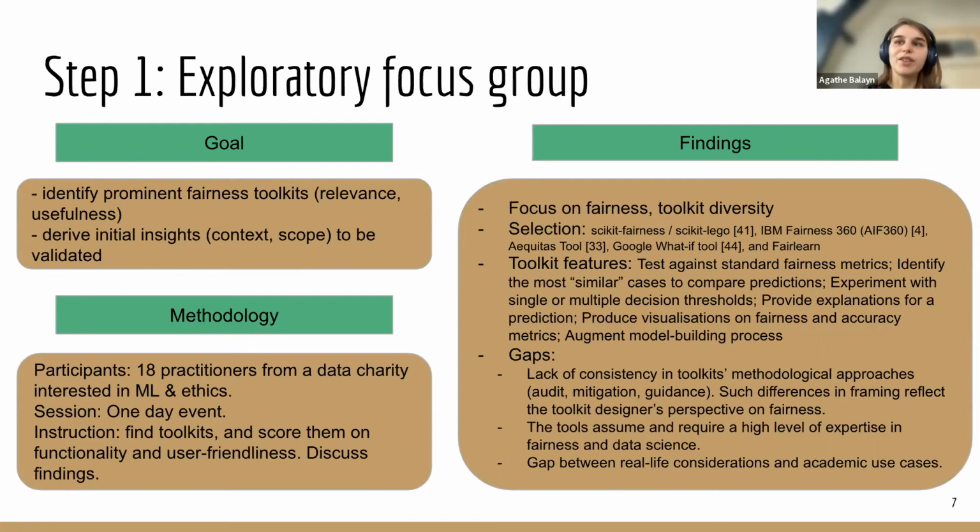For instance, the fact that each of them doesn't allow for the same things, whether it's auditing, mitigating, or also providing guidance for this mitigation, and even for just auditing.